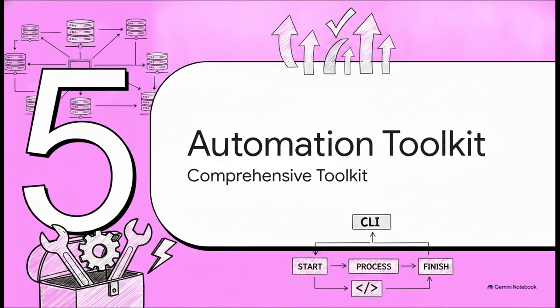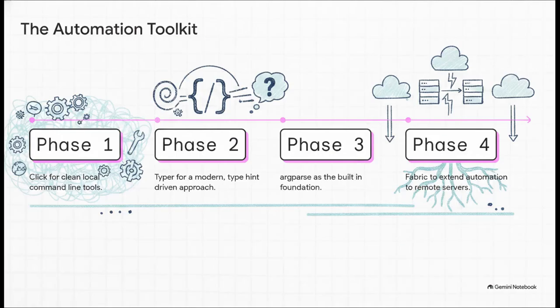Section 5. The Complete Automation Toolkit. This brings us to a very proud moment. It's time to wrap up this entire 4-part automation and CLI block with a comprehensive view of the complete journey we've taken together. And this brilliantly illustrates exactly how far we've come. We started by building clean local tools with Click. We then evolved to a modern type hint-driven approach with Typer.